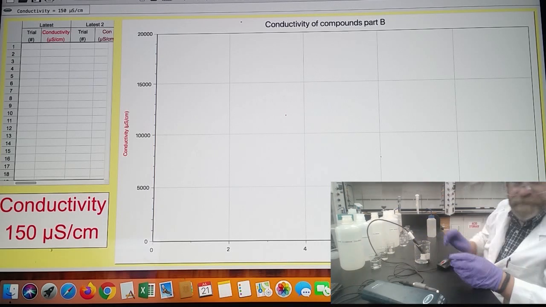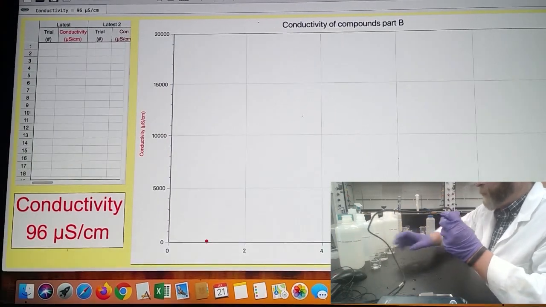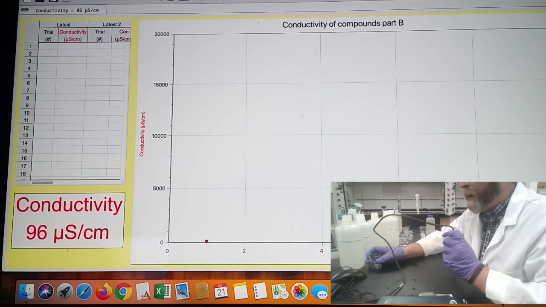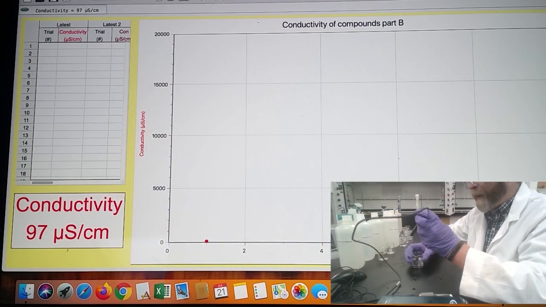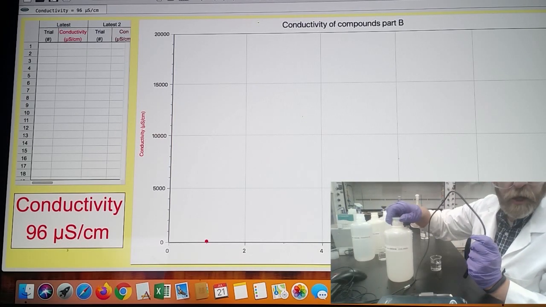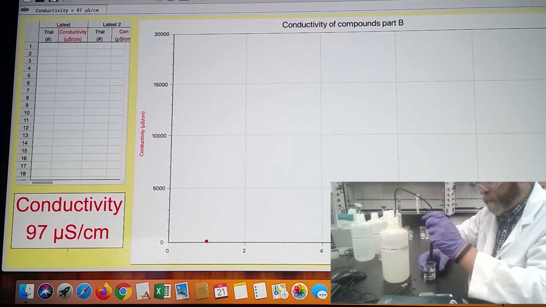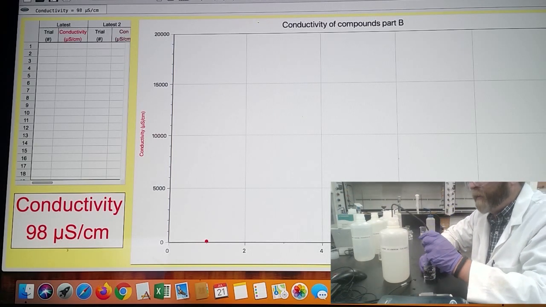I'm going to redo these. Okay, I've set this up now to give us both the numerical number as well as the graphical representation. So our first substance will be aluminum chloride, and I've put some in a beaker here. I'm going to set it into the beaker.